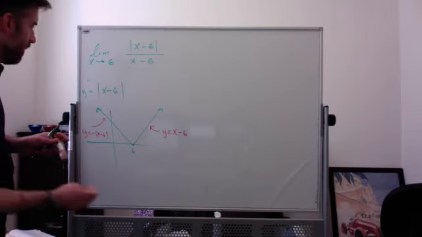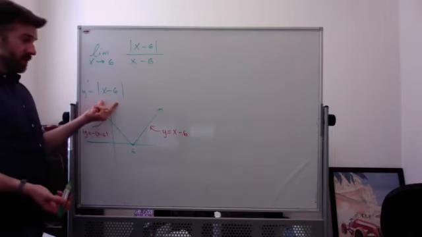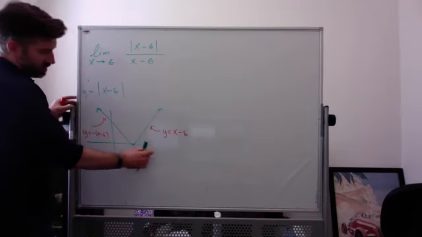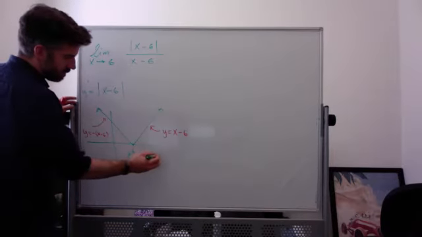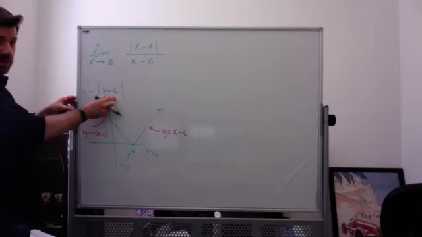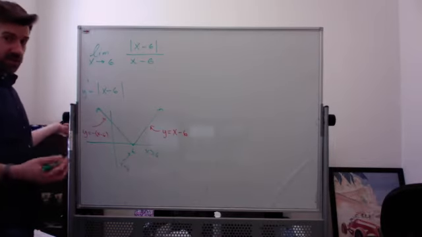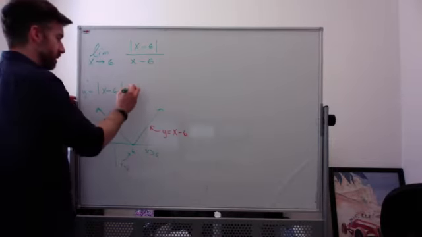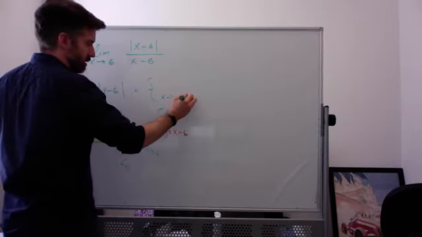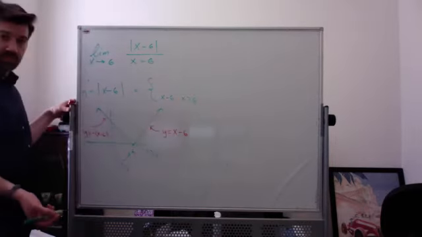And that's exactly because if x is bigger than 6, so here's x equal to 6, if x is bigger than 6, then the insides are going to be positive, and the absolute value of something positive is just whatever that was. So this is going to equal just x minus 6 if x is already bigger than 6.